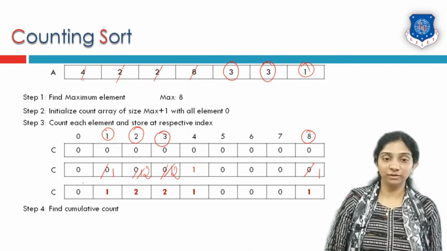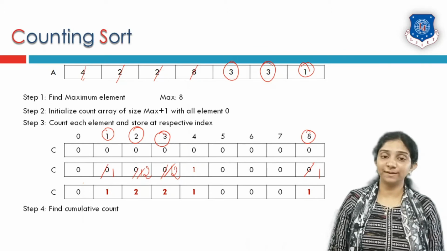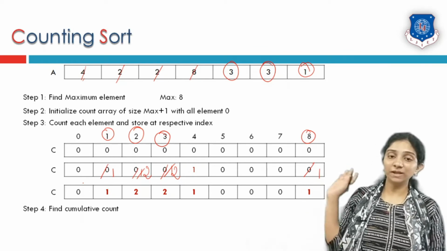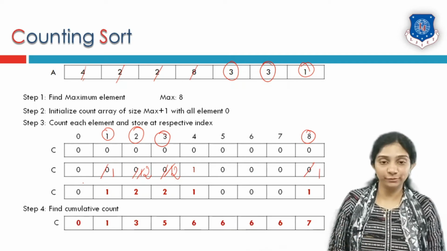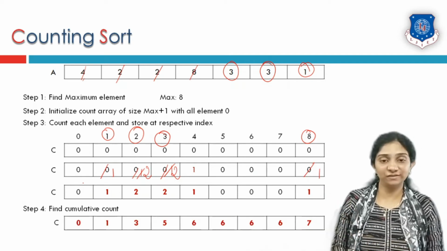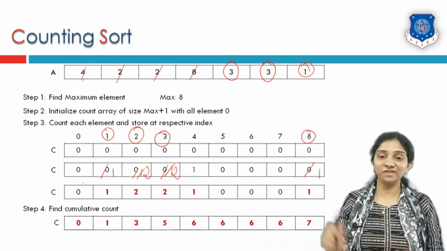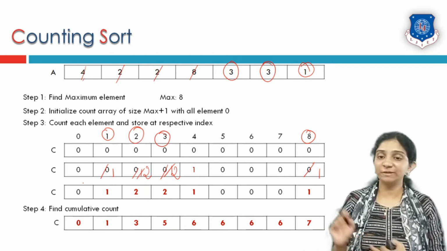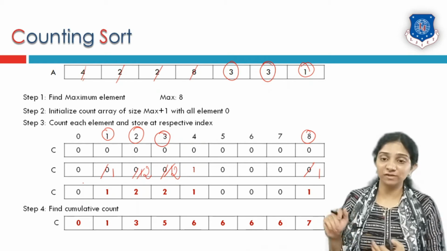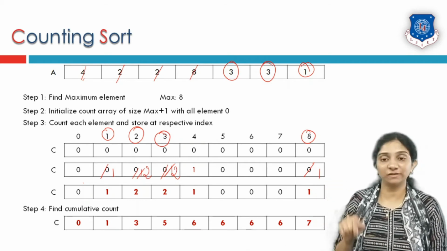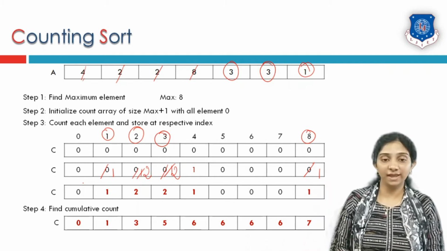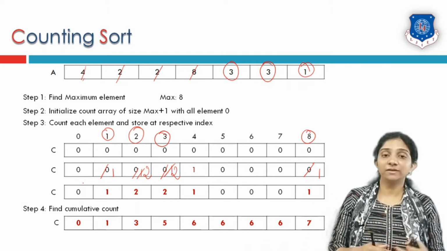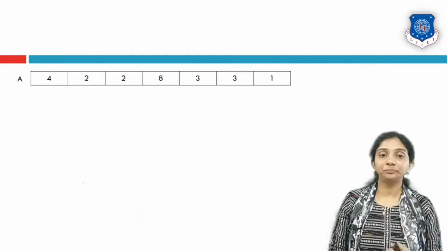Cumulative count will work this way. 0 plus 1 is equal to 1. 1 plus 2 is equal to 3. 3 plus 2 is equal to 5. 5 plus 1 is equal to 6. 6 plus 0 is 6. 6 plus 0 is 6. 6 plus 0 is 6. And finally 6 plus 1 is equal to 7. So the elements of the count array are now cumulative counts.